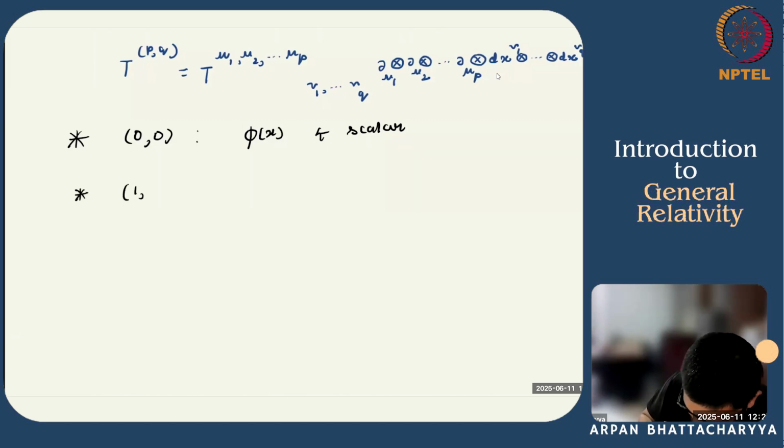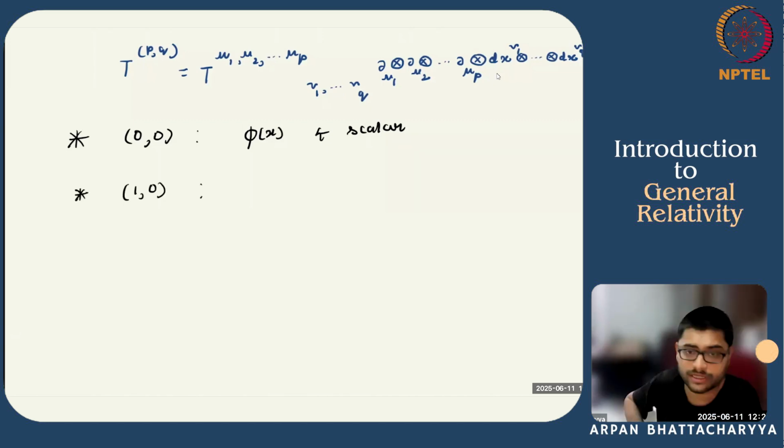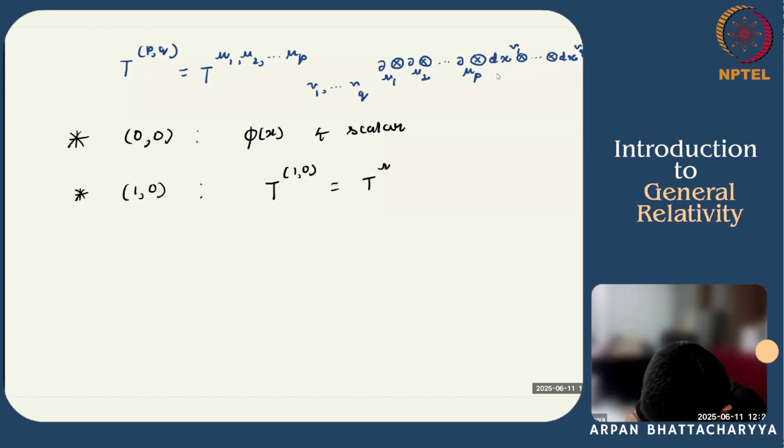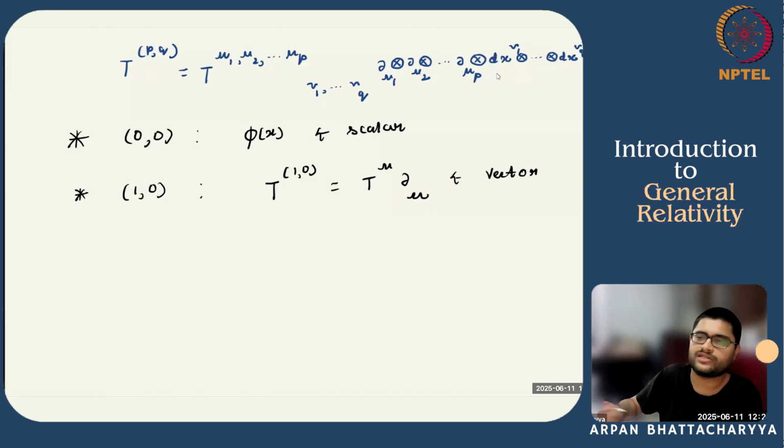Then let's take an example of the (1,0) rank tensor, which we can denote in the coordinate basis as T mu del mu. This is just the vector that we discussed earlier. A physical example of such a vector will be the 4 velocity.